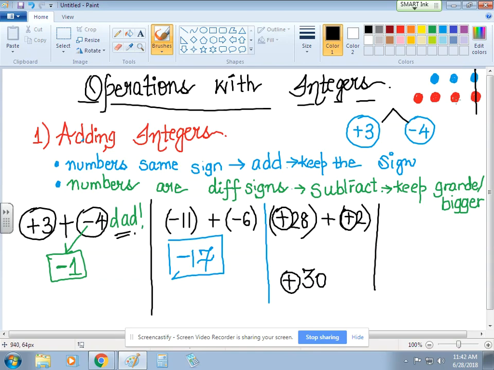Another dollar in the bank, you take away that dollar from the bank, nothing left in the bank. Another dollar in the bank, take away the dollar from the bank, nothing left in the bank. Now, my answer is whatever counters are left. And you see it's red in color, so it's going to be negative, and it's just one counter left, so my answer is negative 1, and that is what we got earlier also.